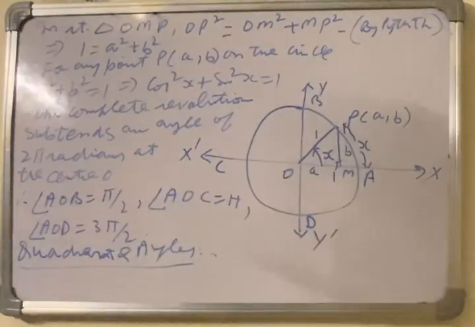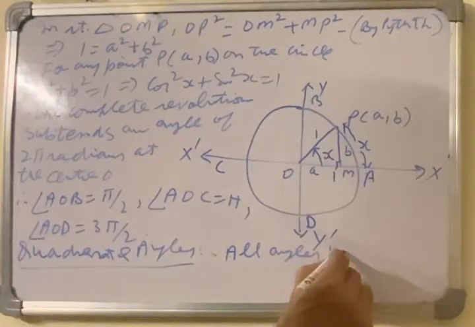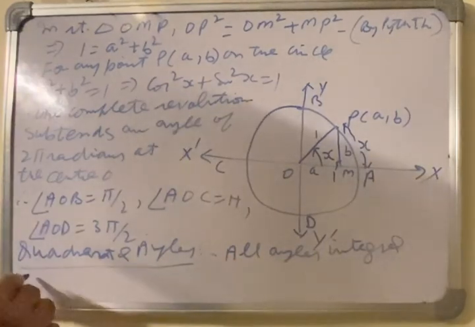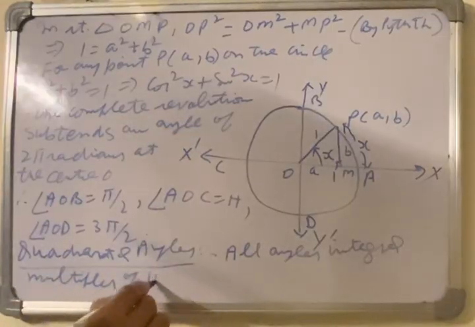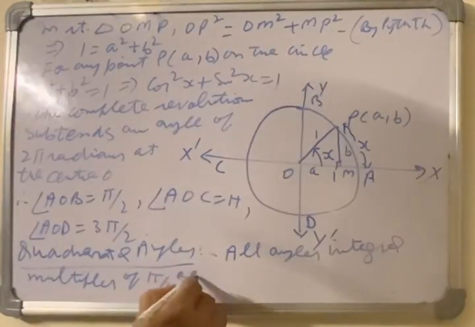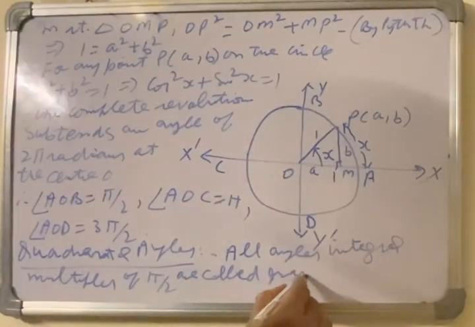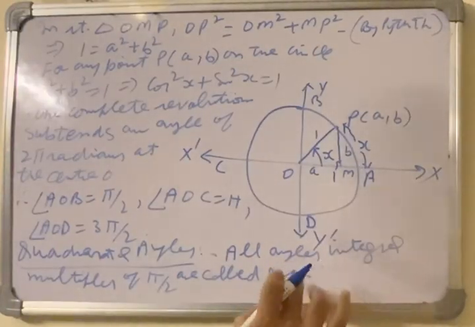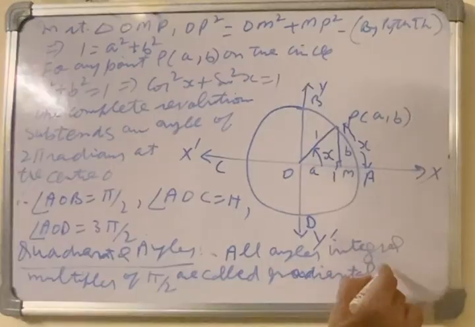All angles that are integral multiples of pi by 2 are called quadrantal angles.